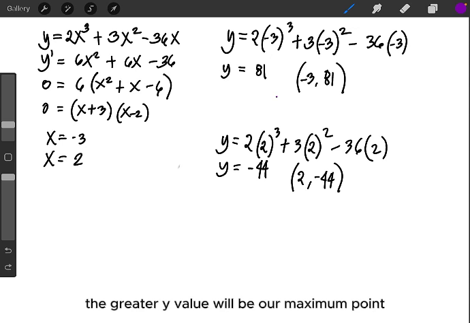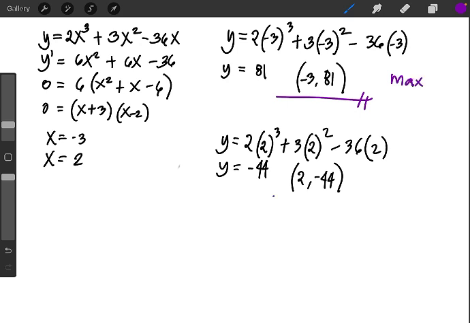The greater y value will be our maximum point and the lower y value will be our minimum point. Therefore, this point is our maximum and this point is our minimum.